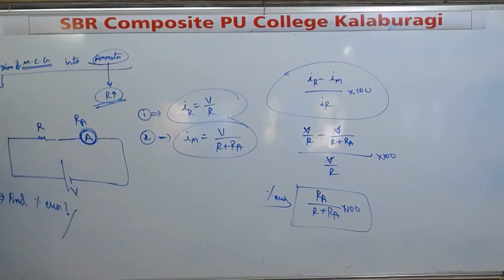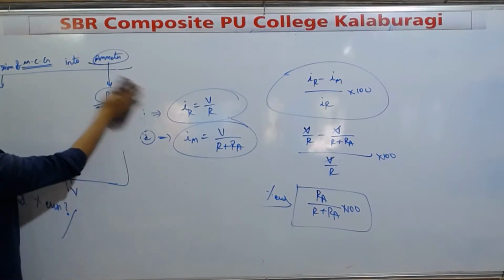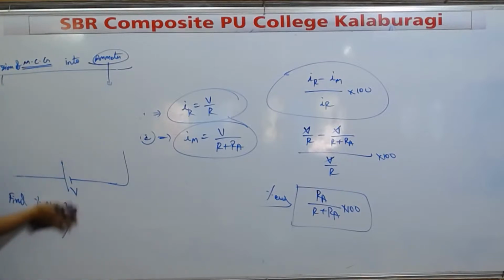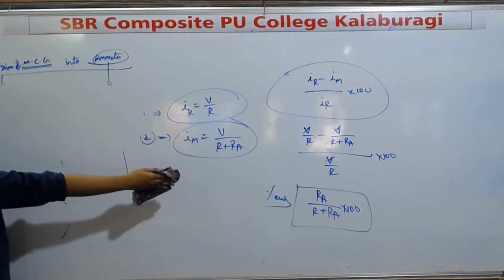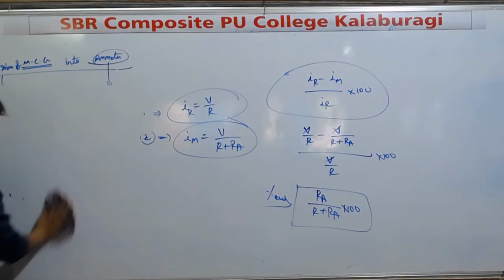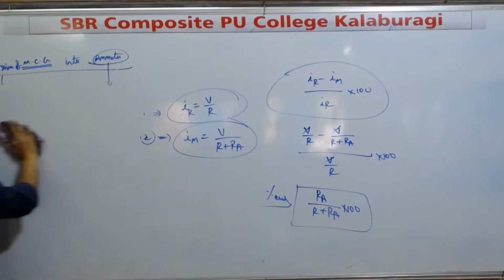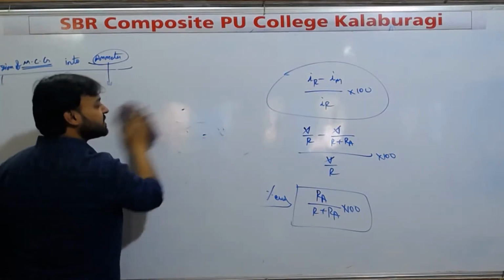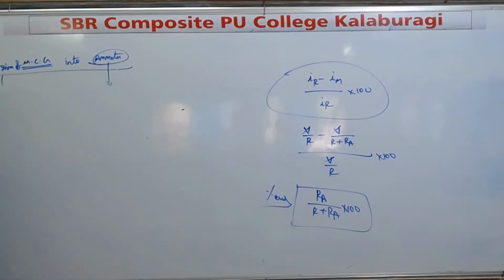Now come back to the conversions. Why do we have to convert a galvanometer into an ammeter? To reduce that error. How can we reduce that error? By reducing the resistance of the ammeter, by converting.